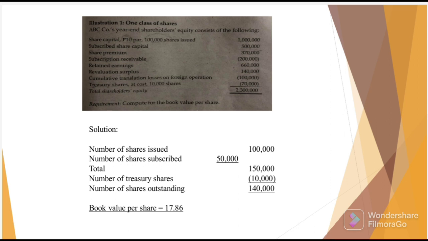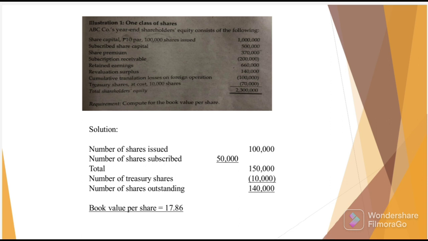Paano nga ba makukuha ang 17.86 na book value per share? So, total shareholders equity ay 2,300,000 plus subscription receivable na 200,000. So, that would be 2,500,000 divided by 140,000 equals 17.86.